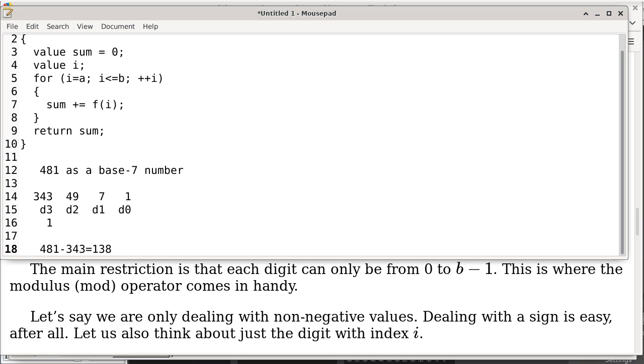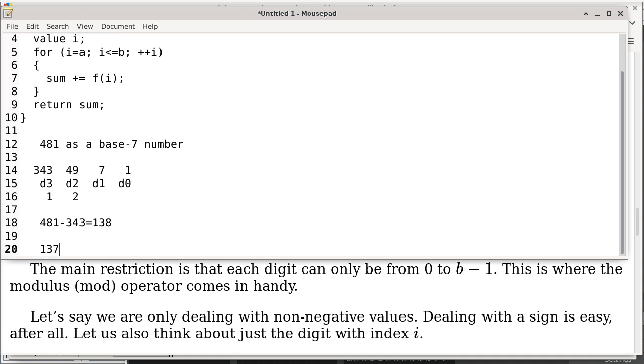Okay. So we look at 138 and say, well, the next power of 7 is 49. So we ask how many 49s can we fit into 138? The answer is 2, right? So now we know there are 2 of these.